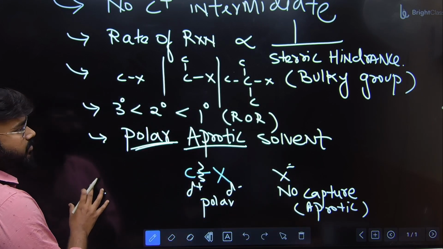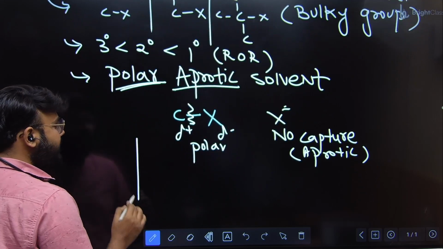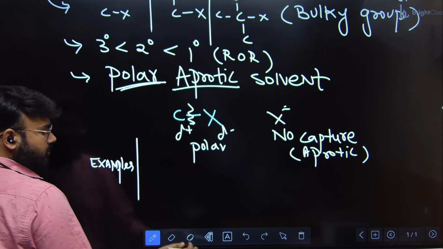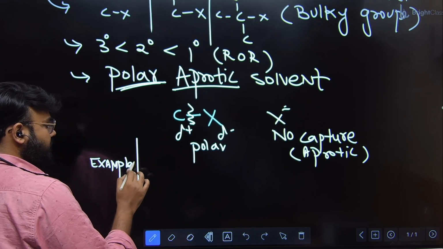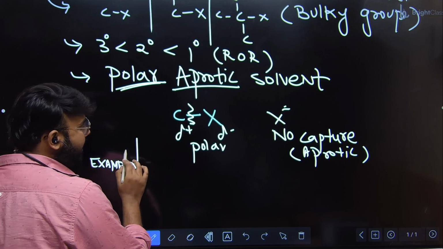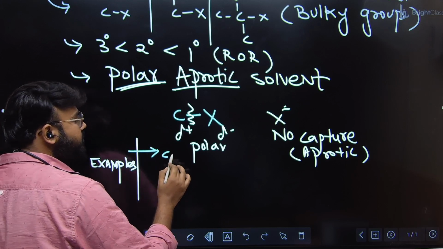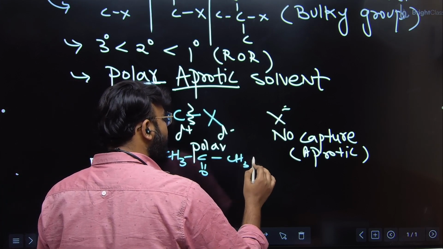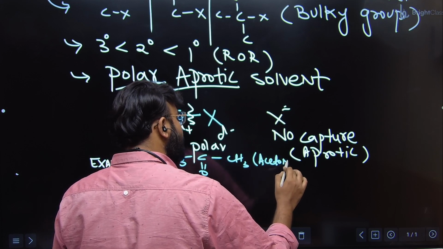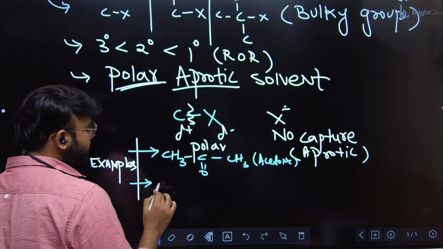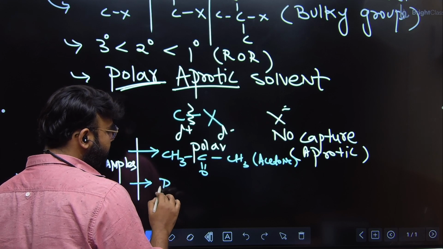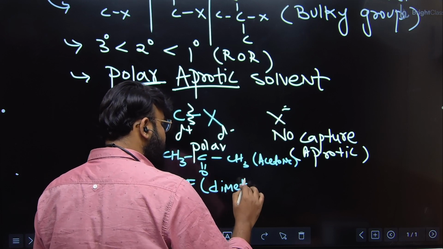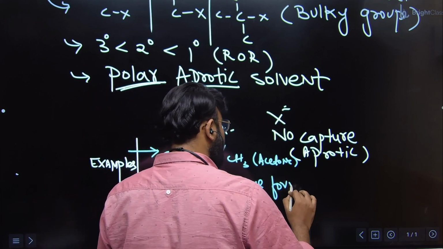Now, what are the examples of this aprotic solvent? So we have certain examples. The first one is acetone. Second one is DMF, dimethyl formamide.